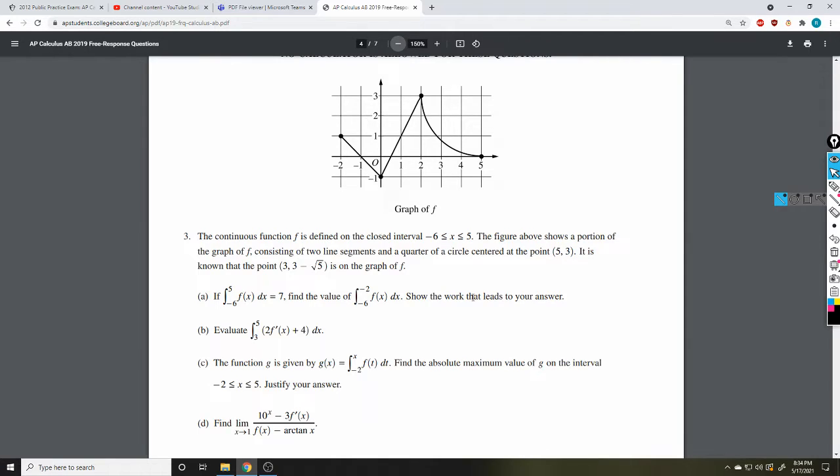Question 3. Oh, this was a tough one. So we have the graph. Remember, this is the graph of f. So that means that this is the graph of, let's see, continuous function f.